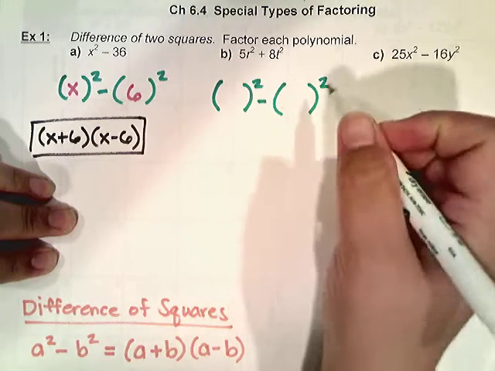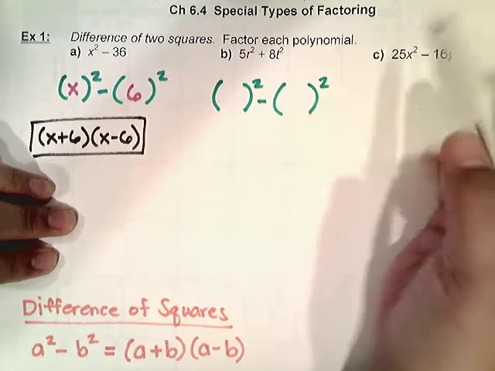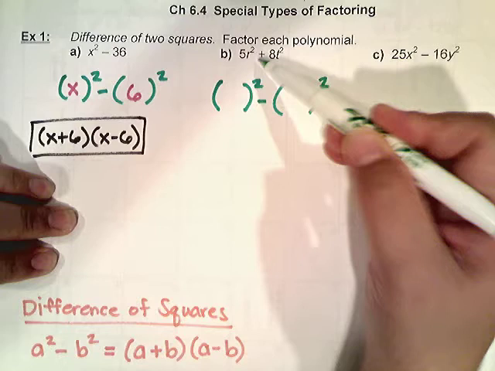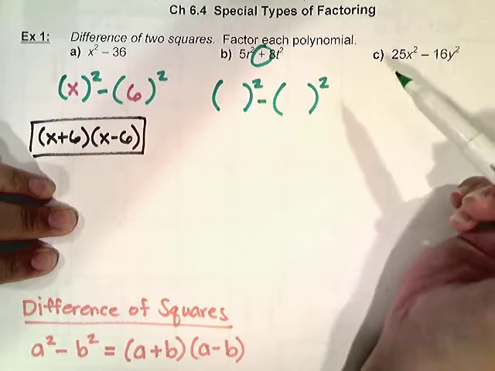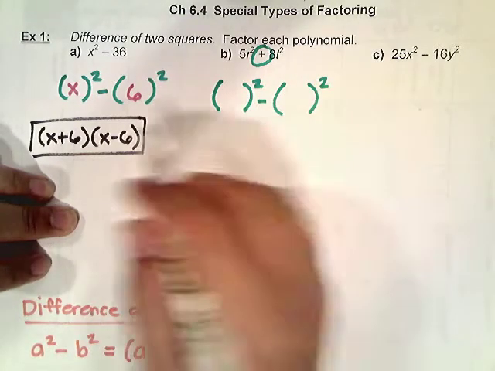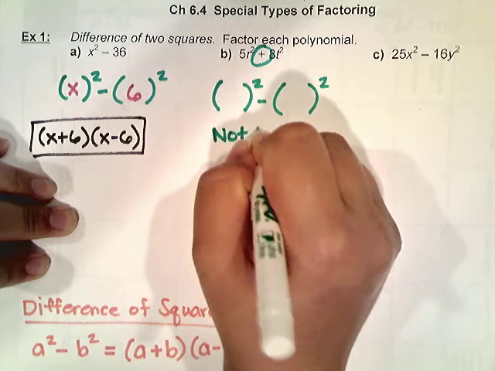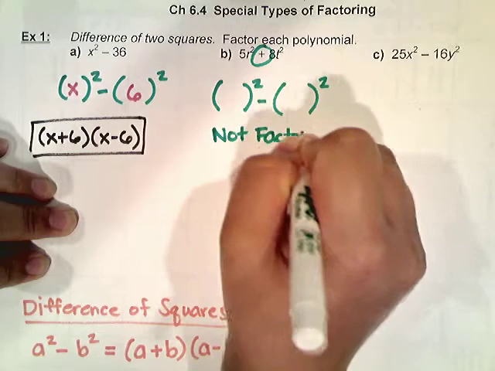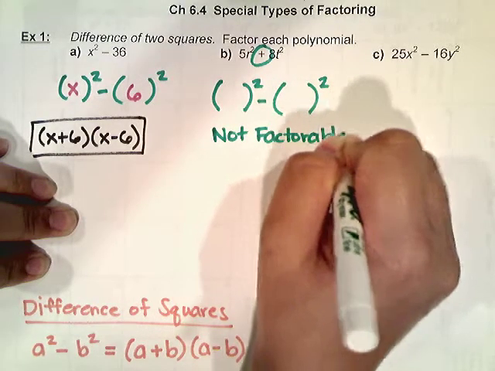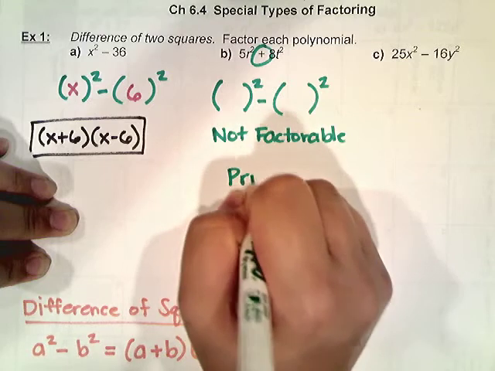And the answer is immediately no. The reason the answer is immediately no is because in the original expression, we have a plus here. So we automatically know that this is not going to work. It's not factorable. And if it is not factorable, do you remember the terminology for it? That means that it is prime.